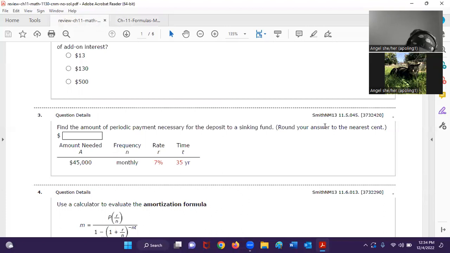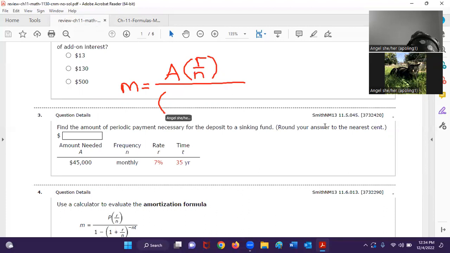All right, so they gave us the equation M is equal to A times R over N over 1 plus R over N raised to the NT, take away 1.